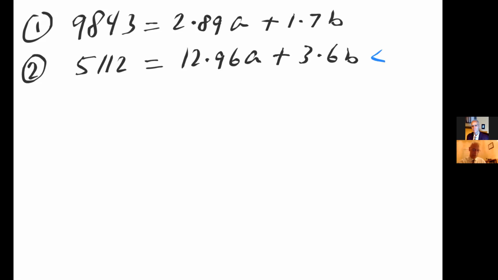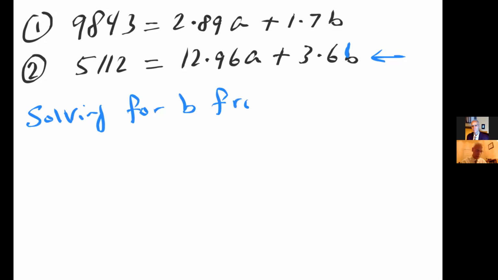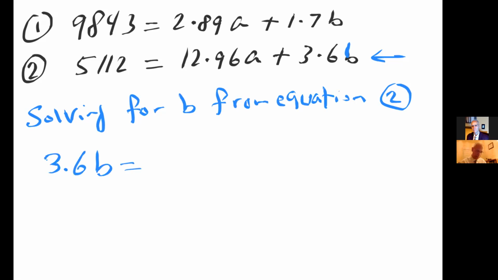I'm going to solve for this b right here from equation 2. So solving for b from equation 2. Subtracting 12.96a from both sides gives me 3.6b equals 5112 minus 12.96a. And let's divide both sides by 3.6.